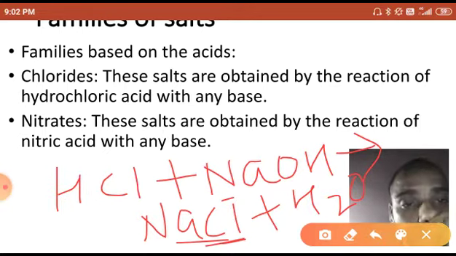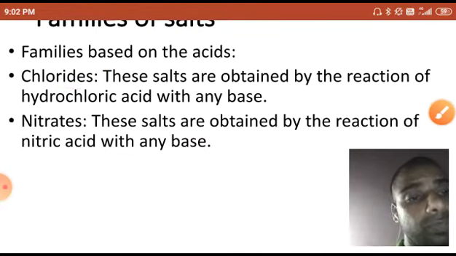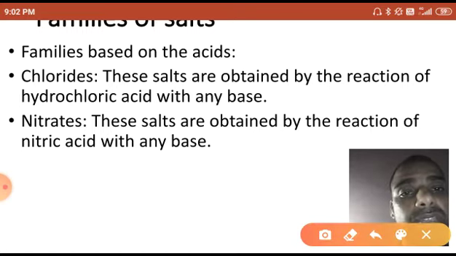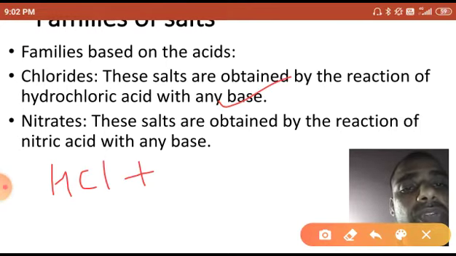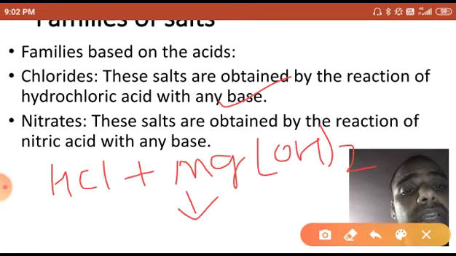You know that the family belongs on the basis of positive charge, and also on the basis of negative charge, but here it is the chloride family, so Cl negative is there. First example you have seen. Now the second example: HCl plus any base, so you can take Mg(OH)2. What will it form?